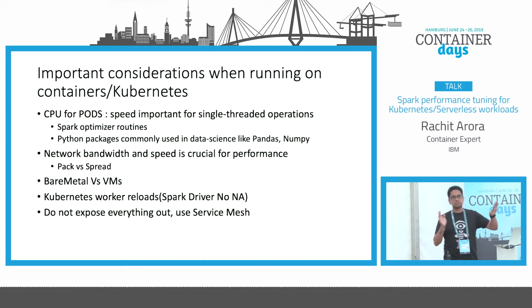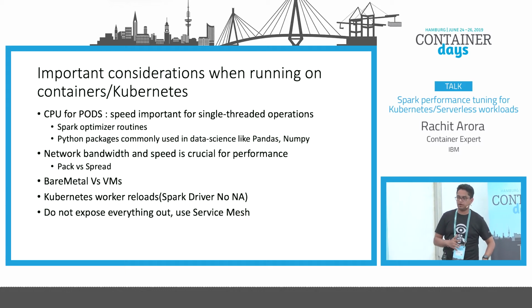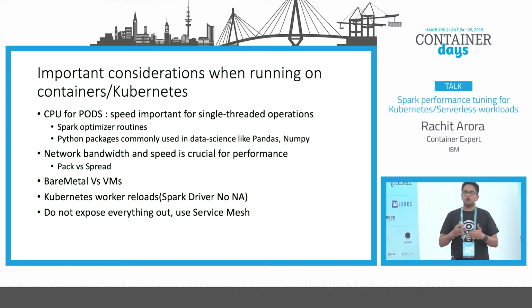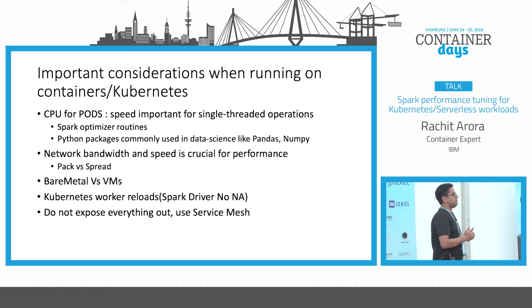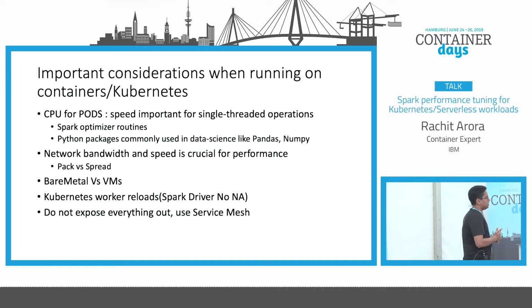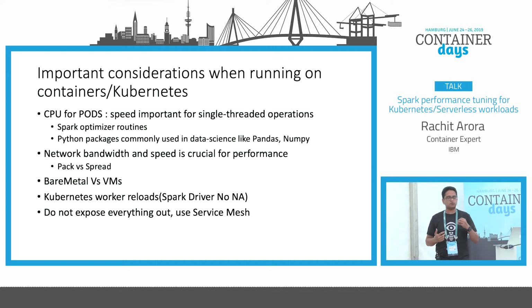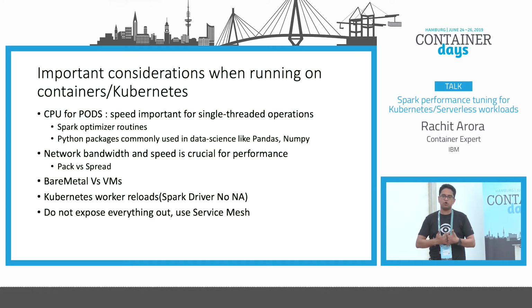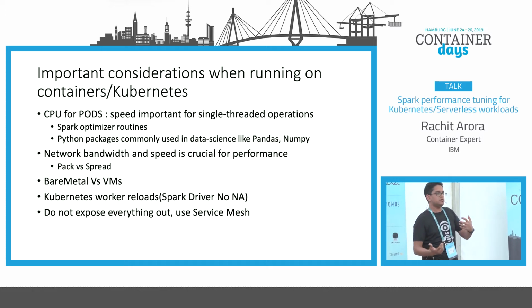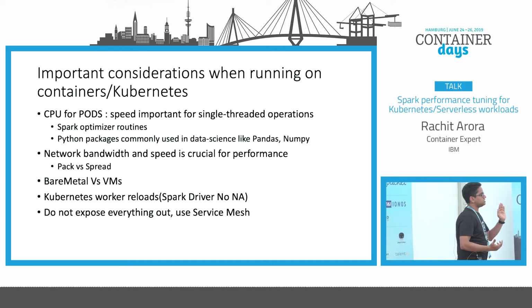Apart from these Spark-side improvements, you also need to consider giving CPU to your driver. Although Spark is written in a way that it does a lot of things in parallel, there are still processes which run sequentially.